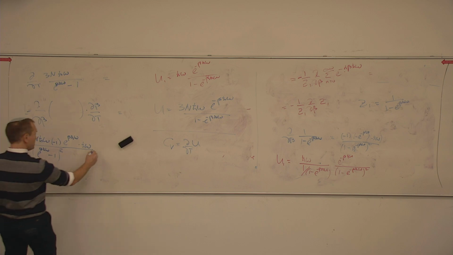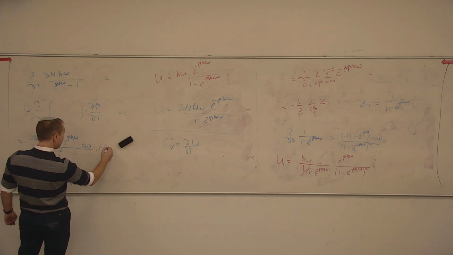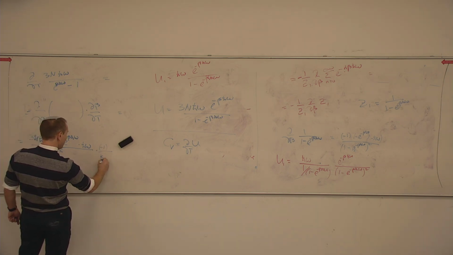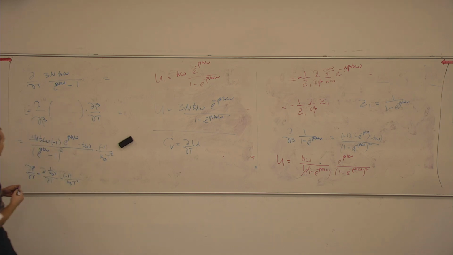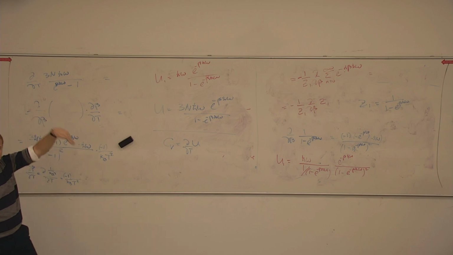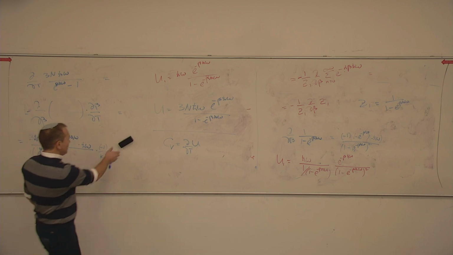So minus 1 cancels out, which is good. Why is it good? Because we expect that the heat capacity is going to be a positive quantity. I heat the system up, the energy of the system goes up. I don't want to heat the system up and get the energy actually getting smaller.